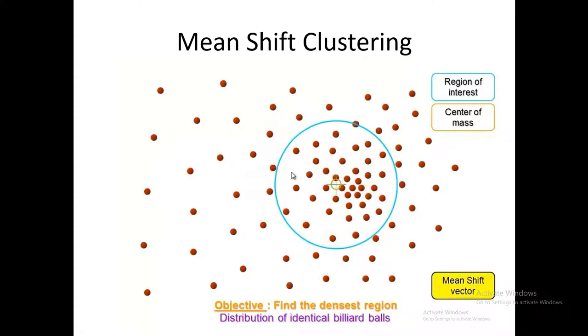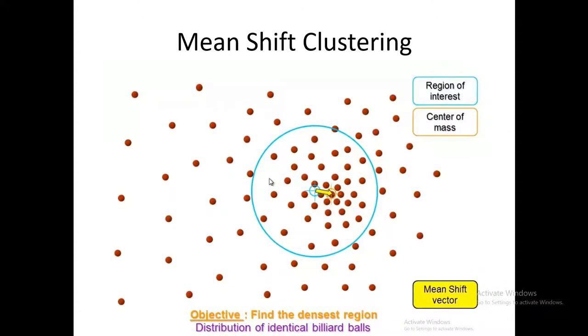Again we estimate the center of mass there, and we keep on shifting again and again, finding the centroid until it converges, or we find the mean shift vector to be 0. So this process gives us a mean shift vector, and once it converges, that is the region where we have the densest set of points.